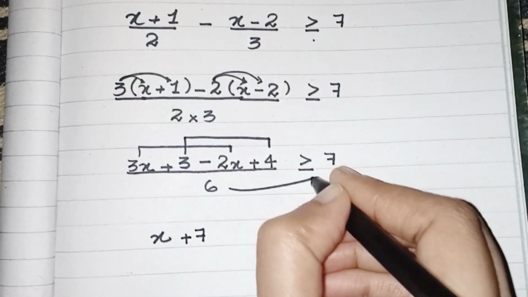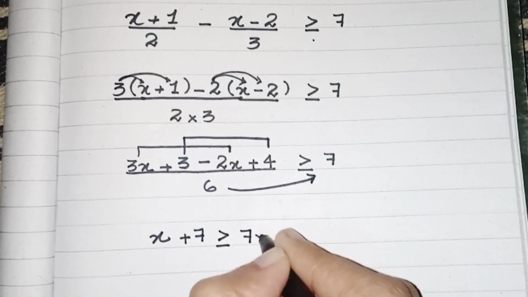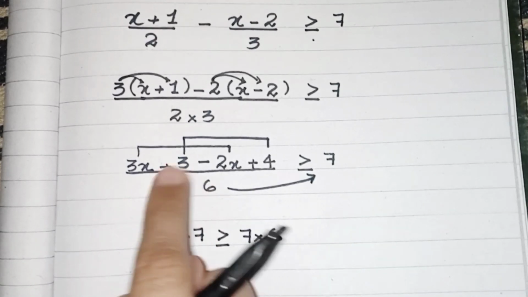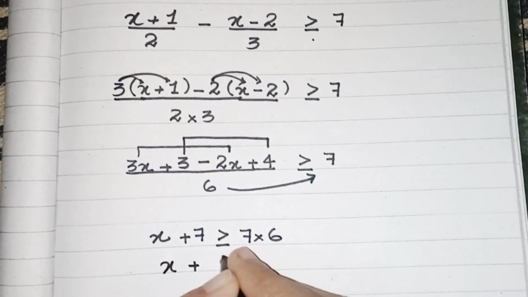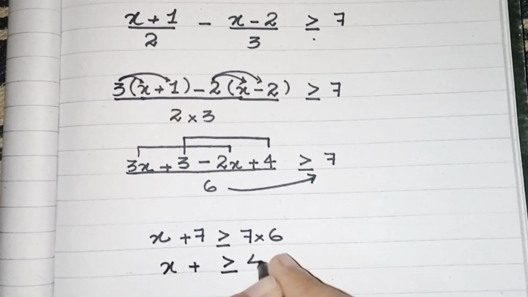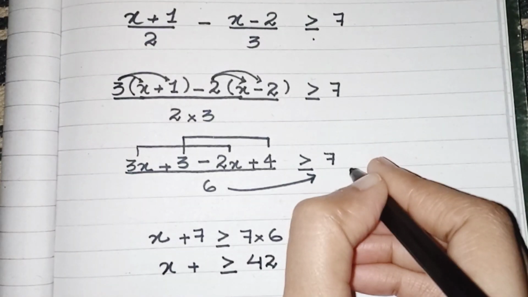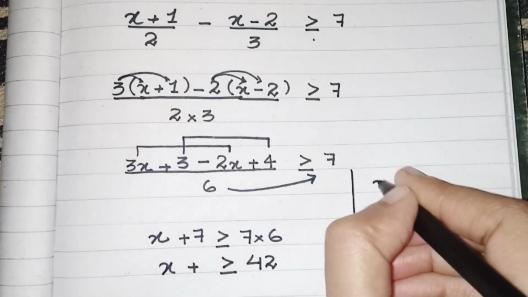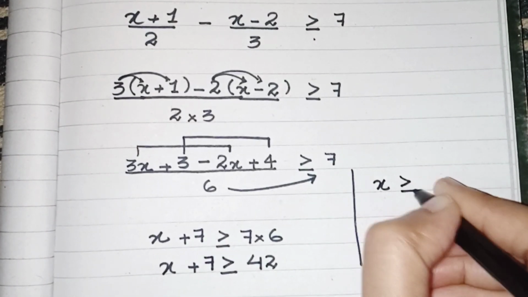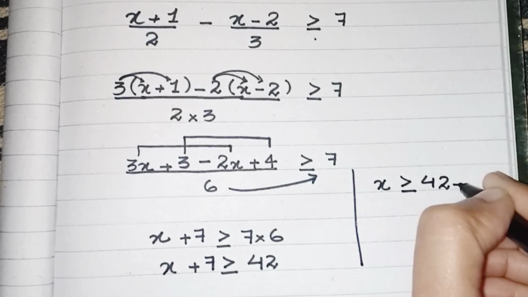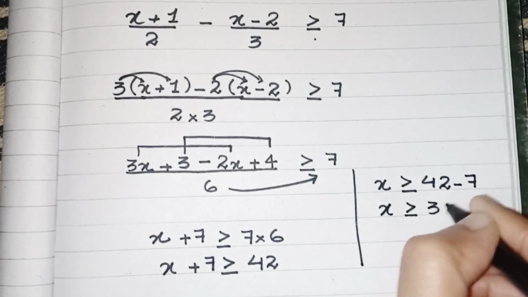The denominator moves to the other side, so it will be multiplied by this 7, because over here it was dividing the whole fraction. x plus 7 is greater than or equal to 7 into 6, which results in 42. Plus 7 greater than or equal to 42, so 42 minus 7 will result in 35.